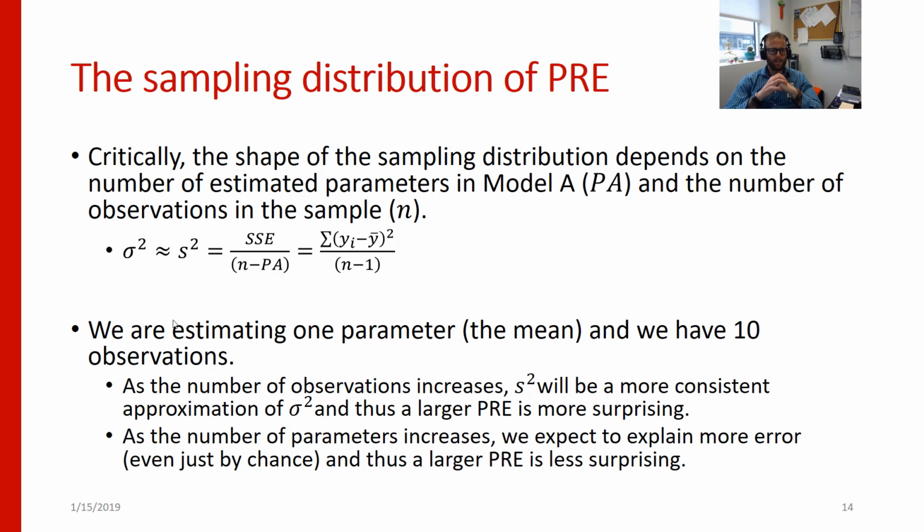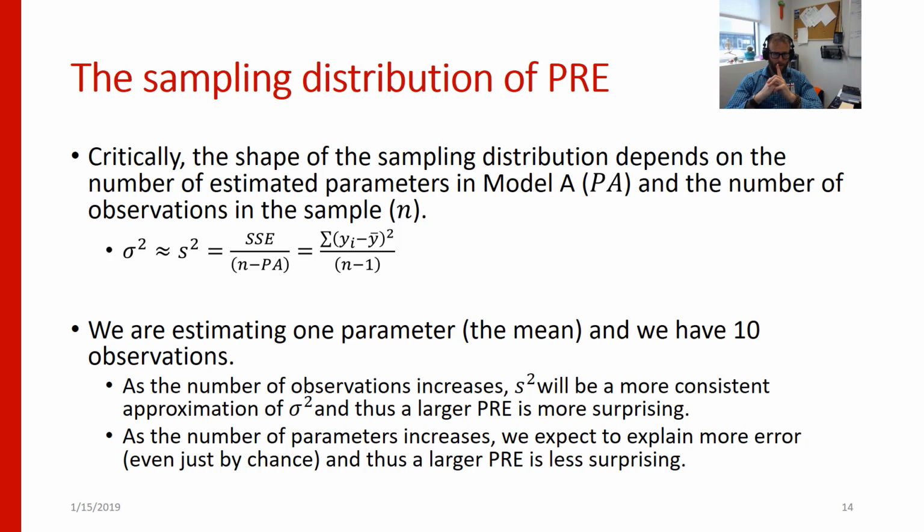So we're going to go through this in more detail, but critically the shape of the sampling distribution for PRE depends on the number of estimated parameters in the model and the number of observations in the sample. So we're not going to have just one sampling distribution for PRE. We're going to have lots of different potential sampling distributions depending on how much data we have and how many parameters we're estimating.